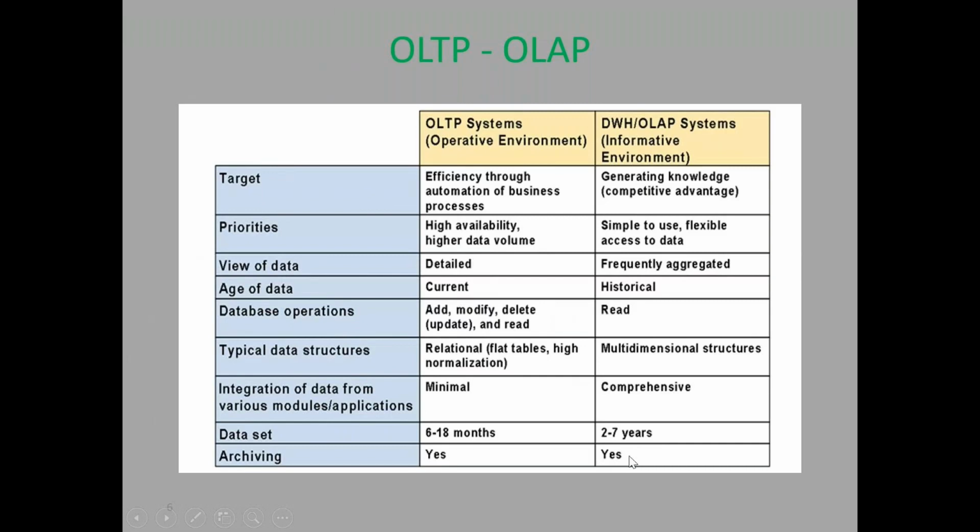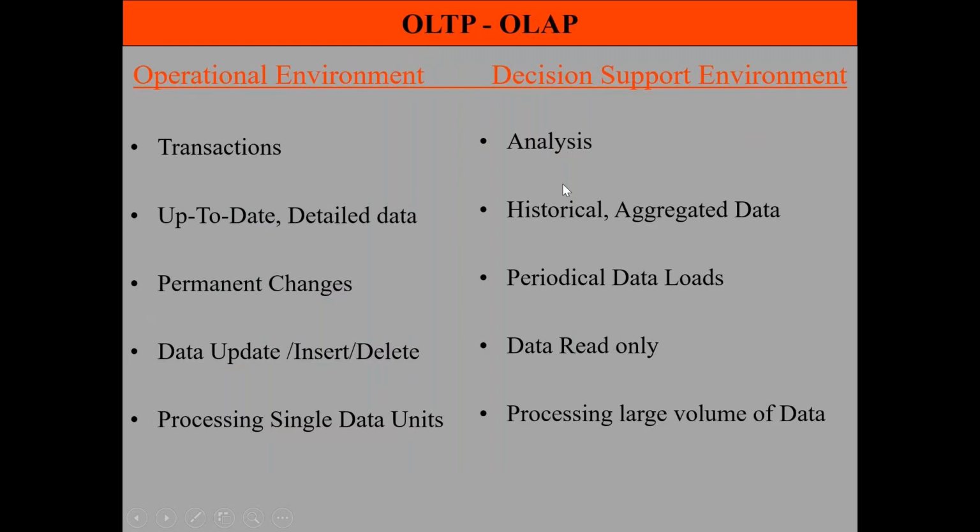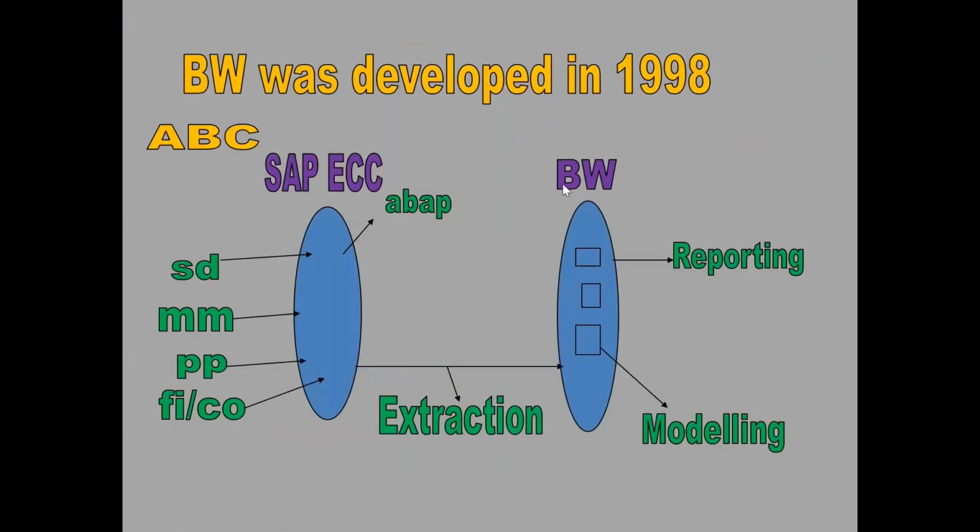So this is OLTP and OLAP. Finally, the OLAP system from SAP is BW, mainly for enterprise warehouse solutions, reporting and analytics.